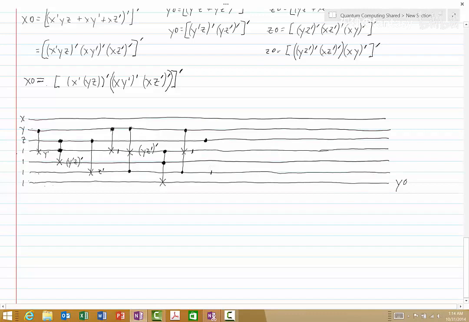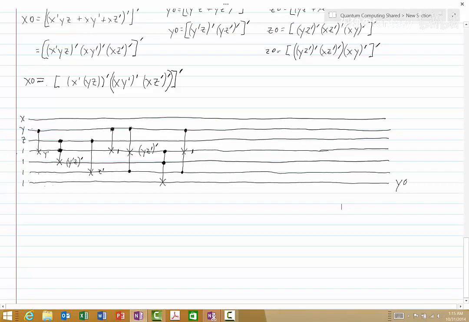Okay, perfect. So here we have created the output that we want, and now the way that we can make sure that all of our scratch lines are equal to their original values is this.